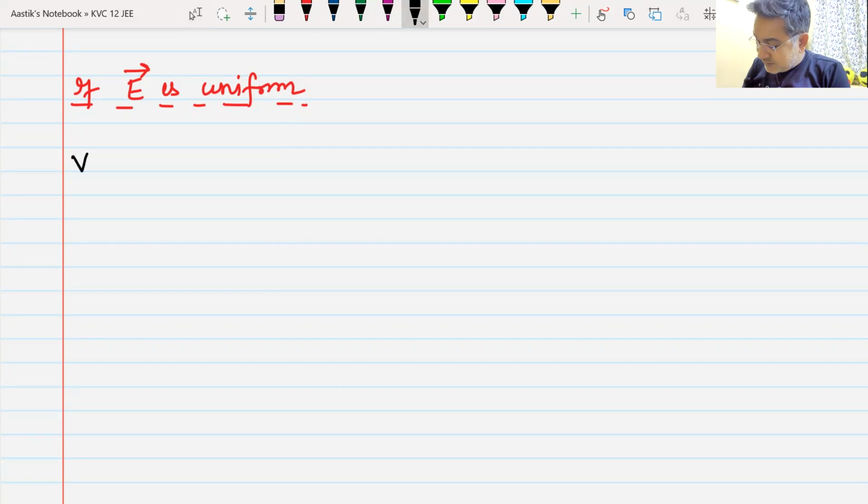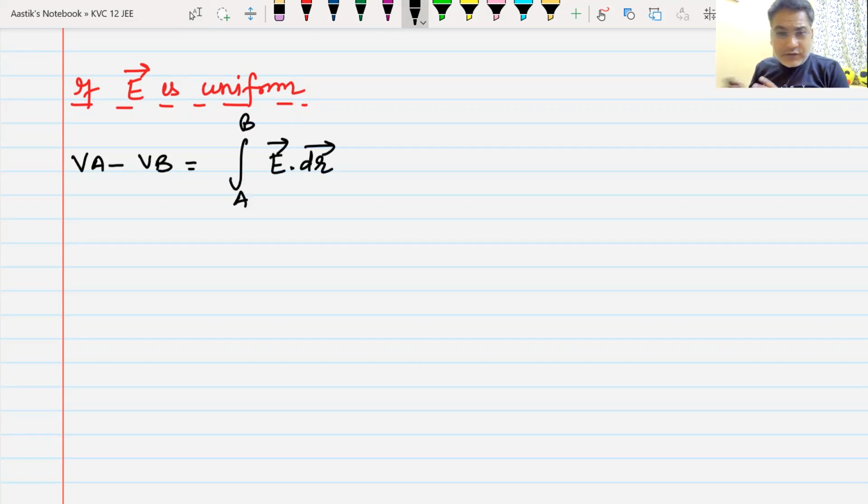Now, we have seen that VA minus VB is nothing but the integral from A to B of E dot dr, yes or no? Now, if the electric field is uniform, this integral simply becomes E dot delta r.